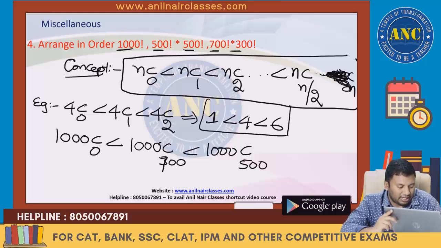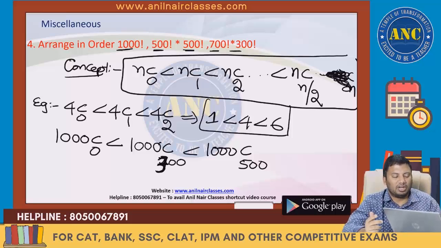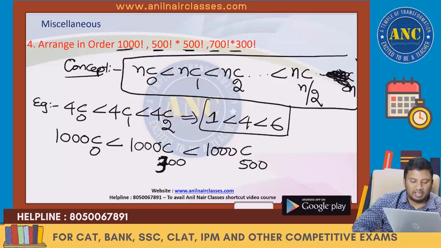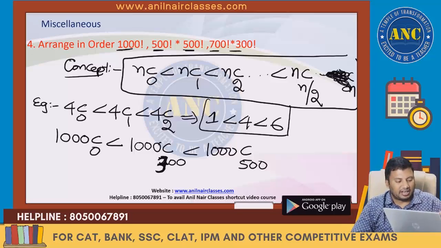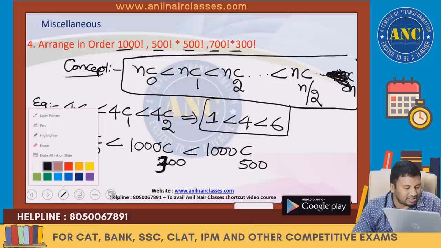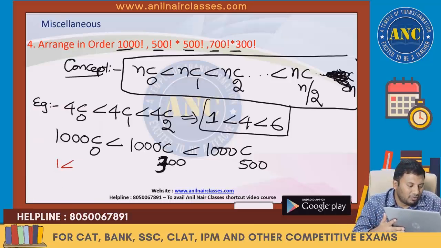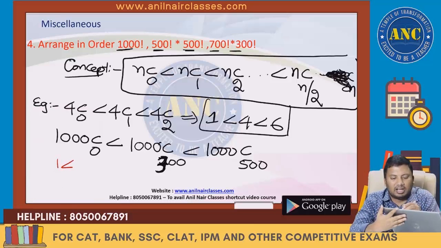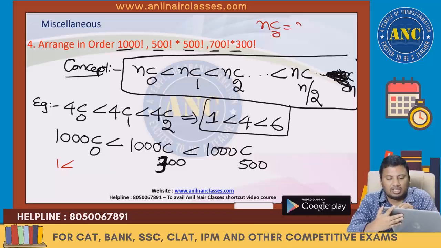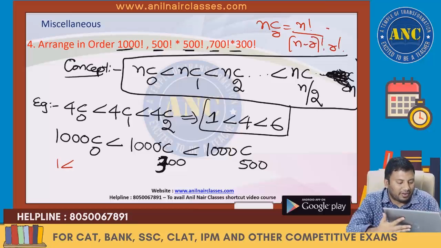Or I will put it as 700 or 300, both will give you this. Now NC0 is nothing but 1, and 1 < nCr, which is n factorial divided by (n minus r) factorial into r factorial.